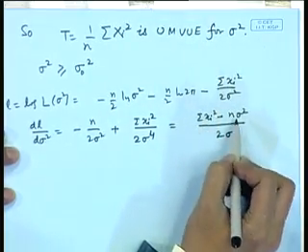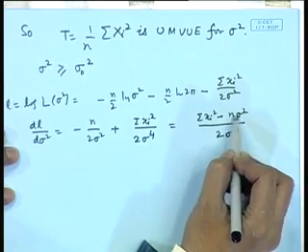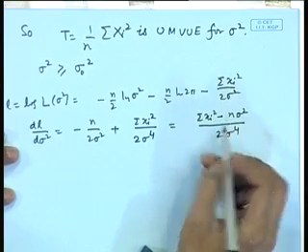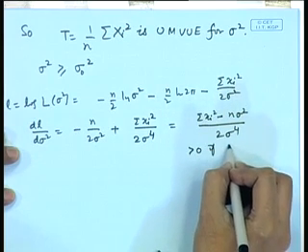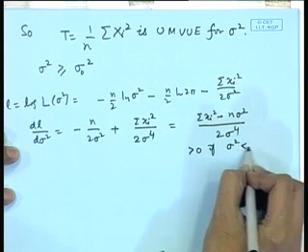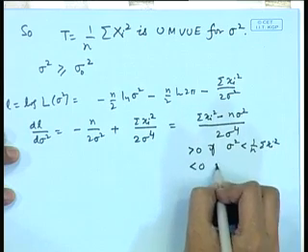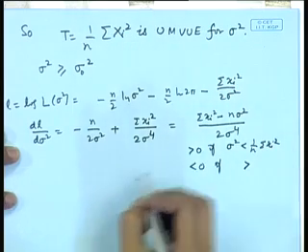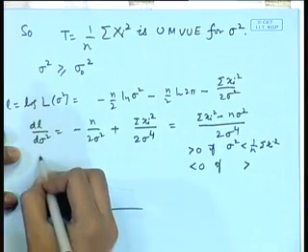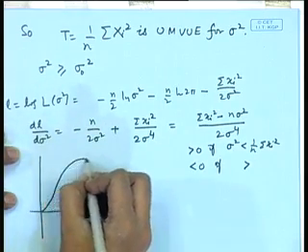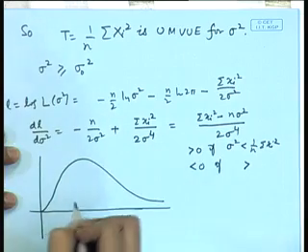You can easily see that if n sigma square is less than sigma xi square, this is positive, that is if sigma square is less than 1 by n sigma xi square, and it is less than 0 if sigma square is greater than this. That means the form of the likelihood function is that it increases up to a certain value, then decreases.